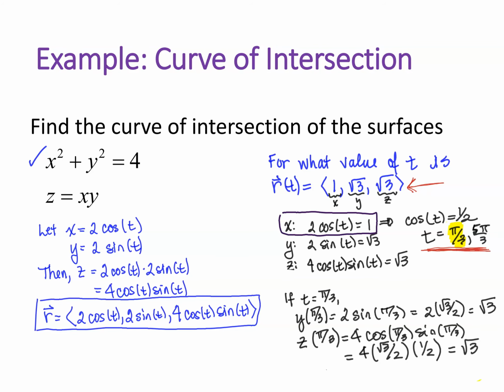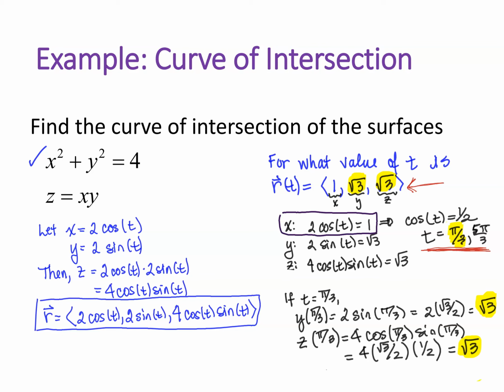Substituting in pi over 3 for the y function, we do see that 2 times sine of pi over 3 will produce the square root of 3 that we wanted. Substituting in pi over 3 for our z component function and simplifying that, we do see that we get a square root of 3 for our z component, which is what we wanted. So t equal to pi over 3 does produce that location.